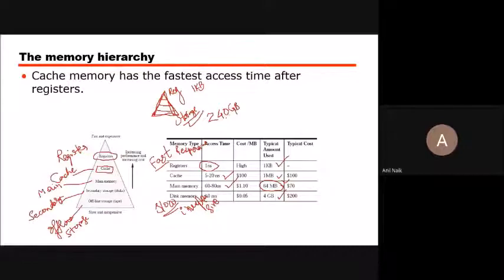If you want to play games, you prefer high speed memory, right? If you want fast, then you have to pay more. Fast means expensive, and slow means inexpensive. Slow means the hard disk and all.